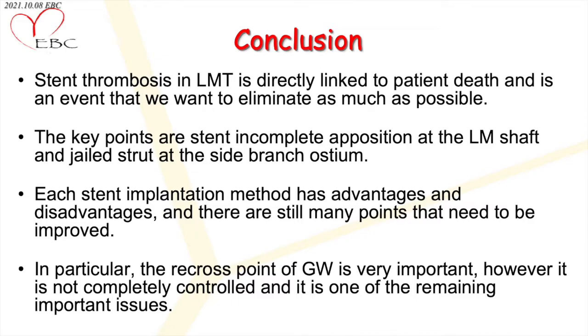Each stent implantation method has advantages and disadvantages, and there are still many points that need to be improved. In particular, the recrossing point of guide wire is very important. However, it is not completely controlled, and it is one of the remaining important issues.